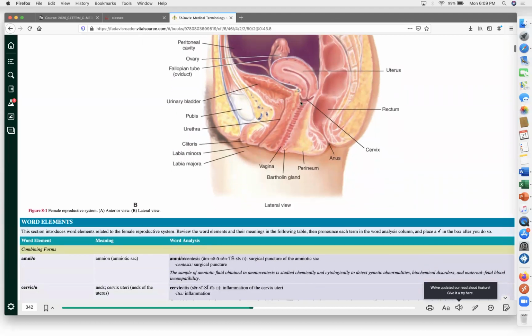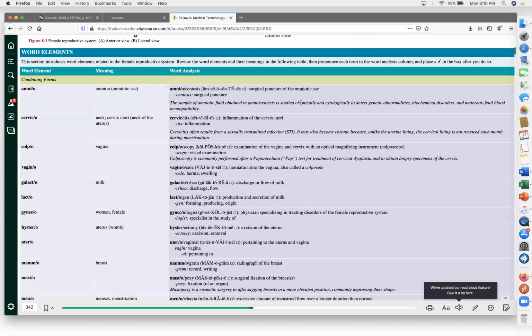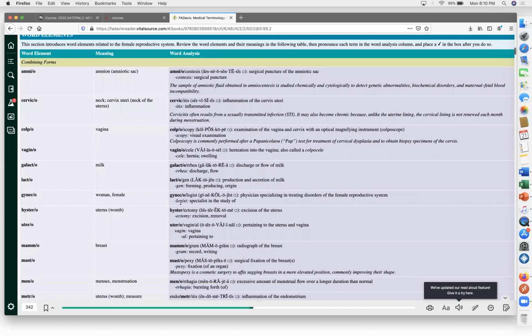And we take samples from the internal os, which is the inside here, the external os or opening, which is here, and of course part of the vaginal canal here. And that is called your Papanicolaou smear, also known as your pap smear. And of course we send that test to cytology, which is part of the Department of Pathology.